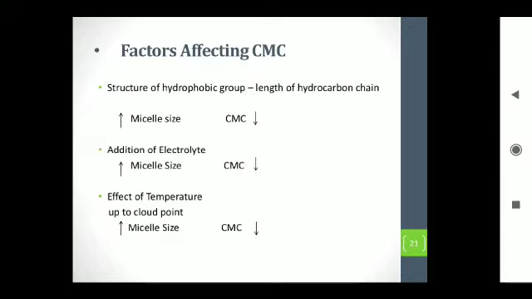The turbidity at the cloud point is due to separation into two phases because of loss of water of hydration of the polar ends of the micelles; the surfactant-rich phase tends to separate from the surfactant-poor phase. The cloud point is sensitive to additives in the system, which can increase or decrease the clouding temperature.